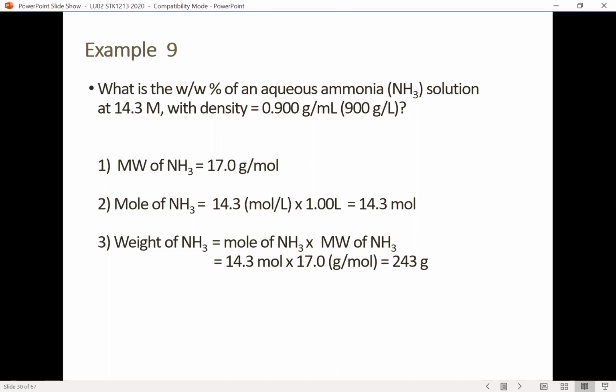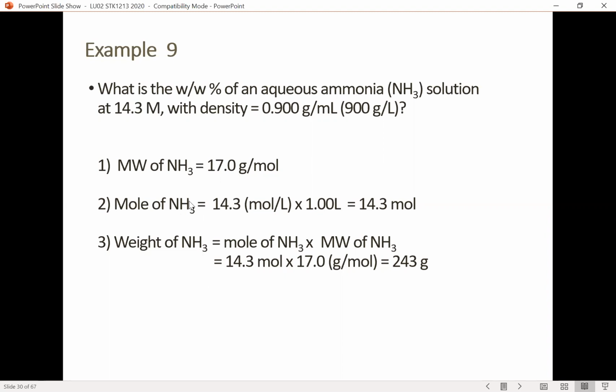Now you need to find out what is the mass of solute, what is the mass of NH3, and what is the mass of aqueous ammonia solution. So the first step is for you to find out the molecular mass or the formula mass of NH3, which is 17 gram per mole. From there, you can find out the mole of NH3.